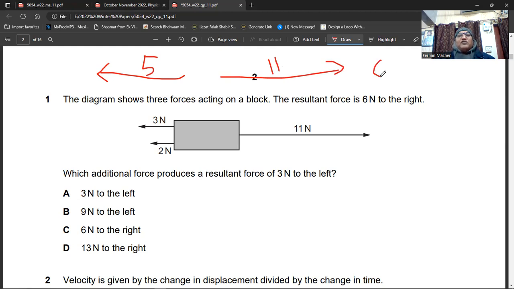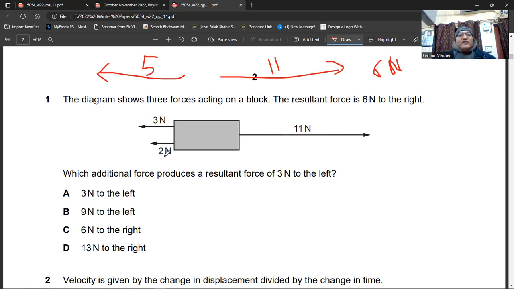So the resultant force will be how much? 6 Newton. So the question is how much force I should apply so that the resultant force is 3 Newton to the left. Okay. So this is already 11.